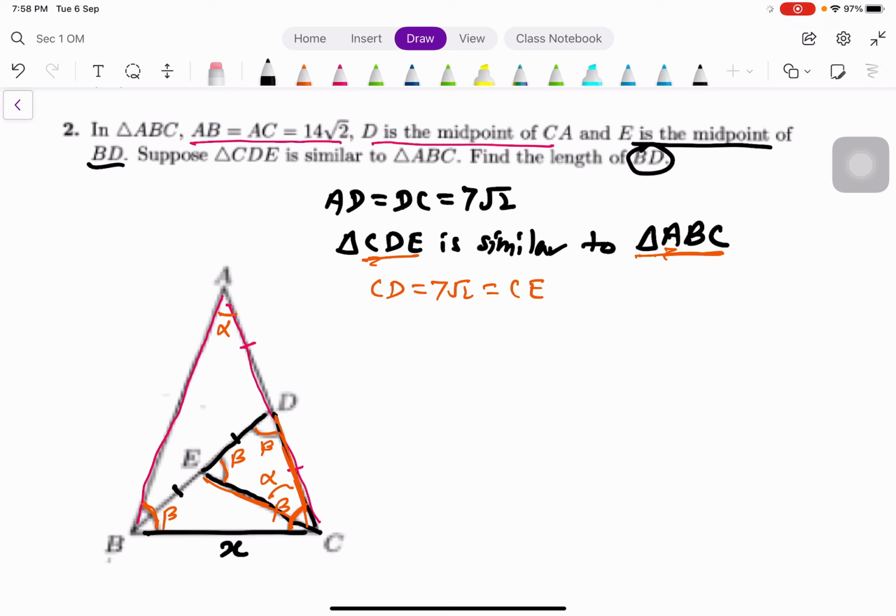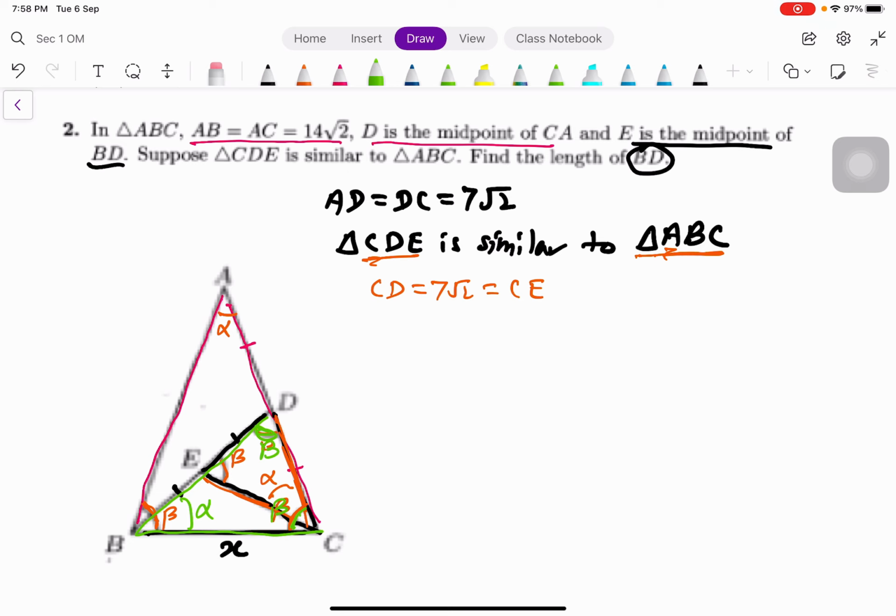We make a very important observation here. This is beta, this is beta, this is also beta. Therefore in this triangle, this angle must also be alpha.